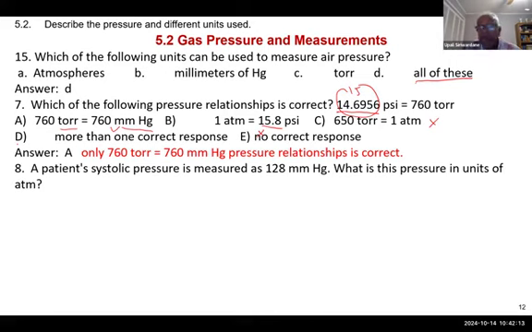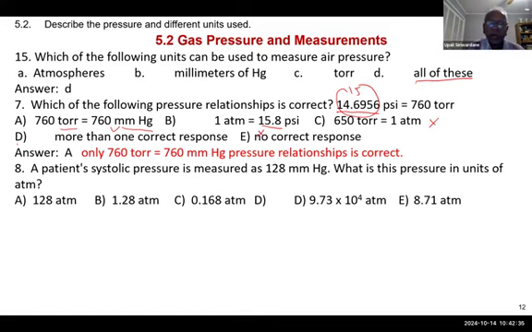It's somewhere around 120 upward. Systolic means when the heart is not pumping. So you know the systolic is around 80. Systolic is 120.